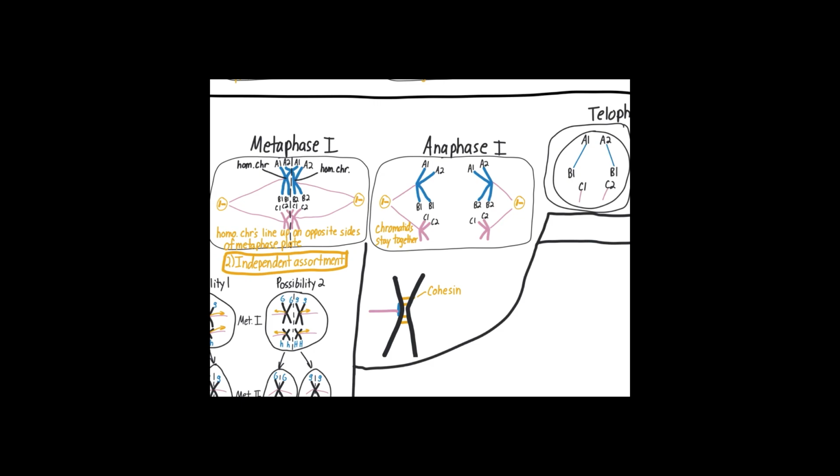This occurs because a protein complex called shugoshin binds to cohesin and protects it from degradation. This allows cohesin to hold the sister chromatids together during anaphase 1.